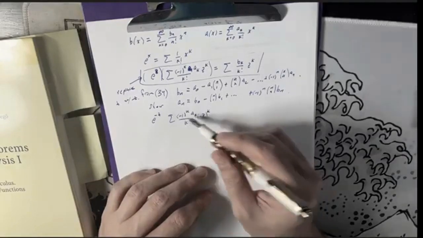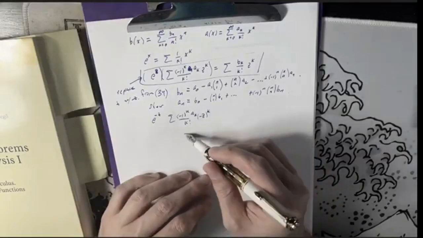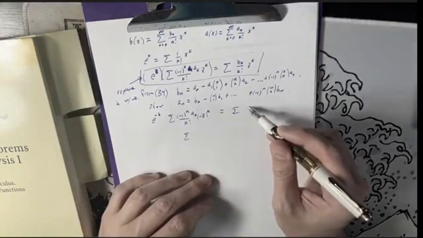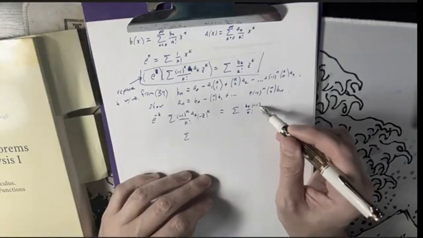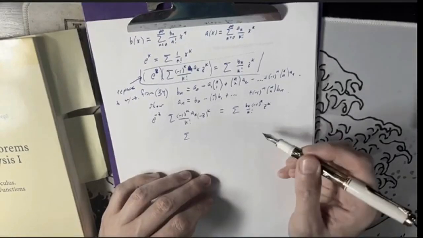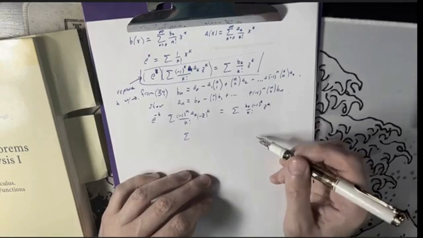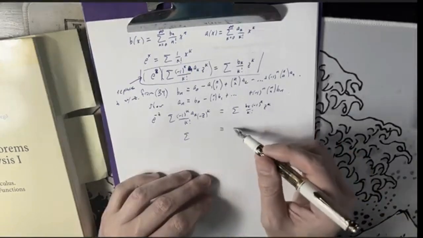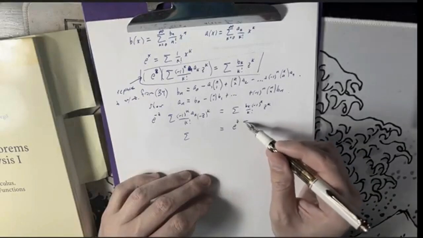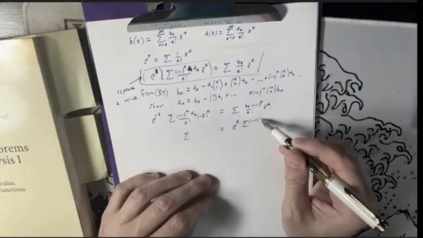So the negatives are going to cancel, and this still equals on this side, but now it's got this alternating bit, right? Because we replaced it with negative z instead of z. So if you move the e to the z to the right side now, you've got exactly what you wanted.